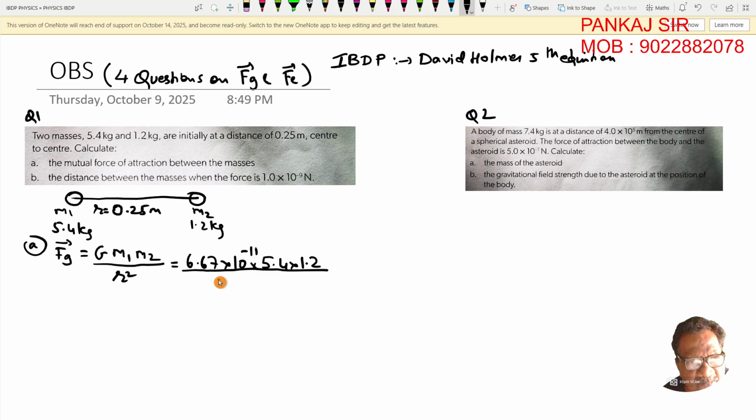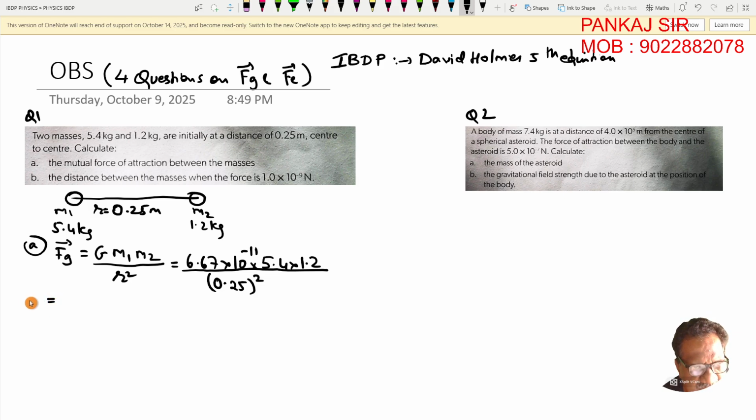R is 0.25, so it will be 0.25 the whole square. Remember that the distance should also be taken in meters only. The masses should be in kg and the distance in meters. If they are not, you have to bring them into kg and meter and then plug in the values. So let us do the calculation.